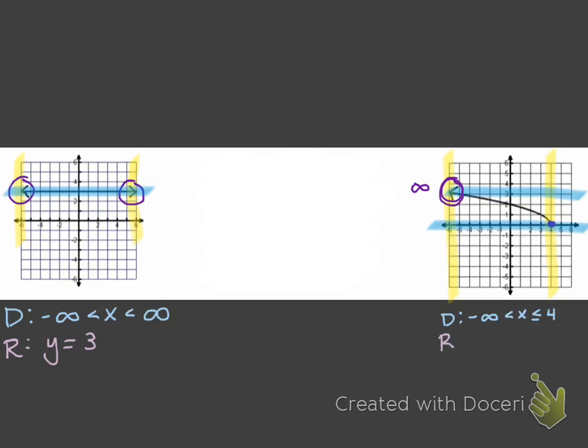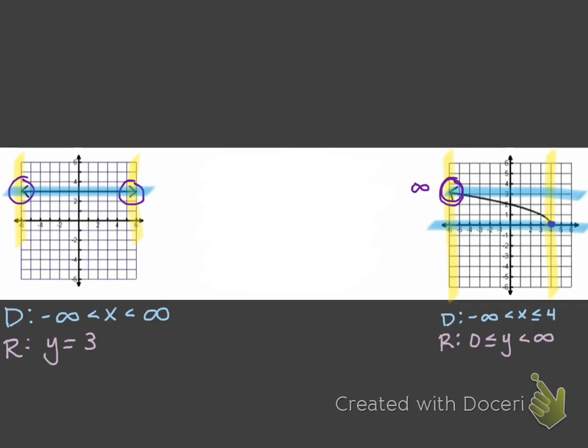So for our range, we start at 0, and since we have a closed circle, it's going to be less than or equal to. We're looking at all the y values, and since our graph goes in the positive direction forever, we're going to end at positive infinity for our y values. So our range is going to be from 0 all the way to positive infinity.